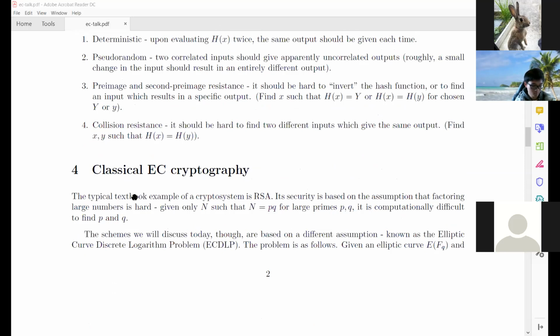But the important thing is the difference in hardness assumption that we'll be seeing today. Generally in cryptography, there are some exceptions when people come up with a scheme that doesn't have a security proof, but for mathematical cryptography, a lot of the time it's pretty important to have what's called a security proof.